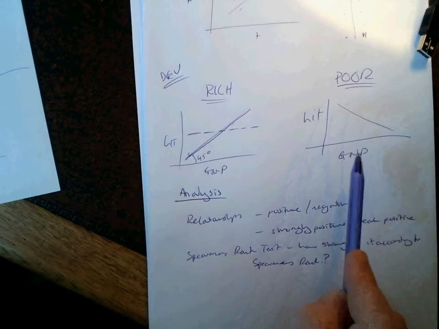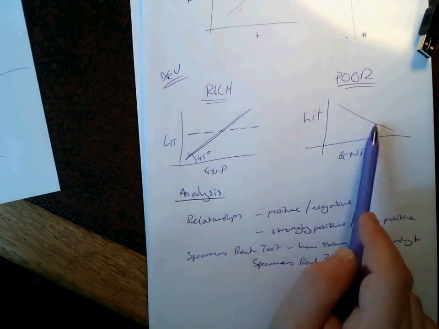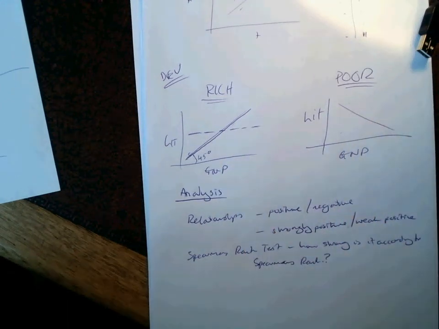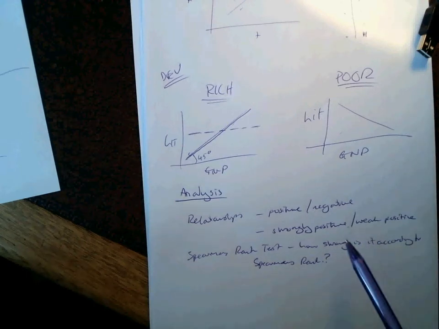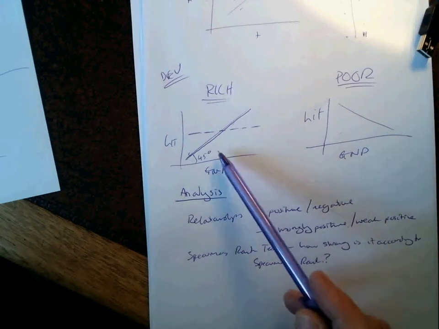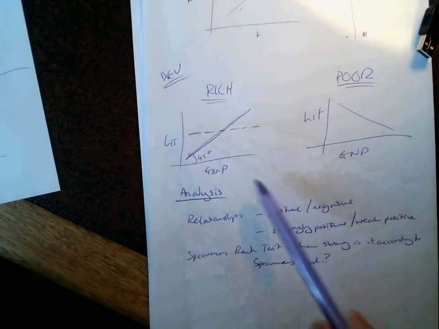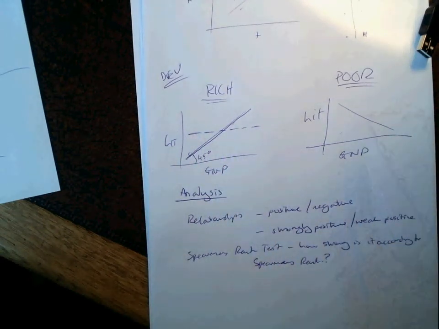The negative correlation appears to be stronger than the positive correlation that we see in graph 1. Say something like that. The Spearman's rank test that I have conducted shows that there is indeed a relationship between GNP and literacy, and a relationship between GNP and literacy in the poor countries.